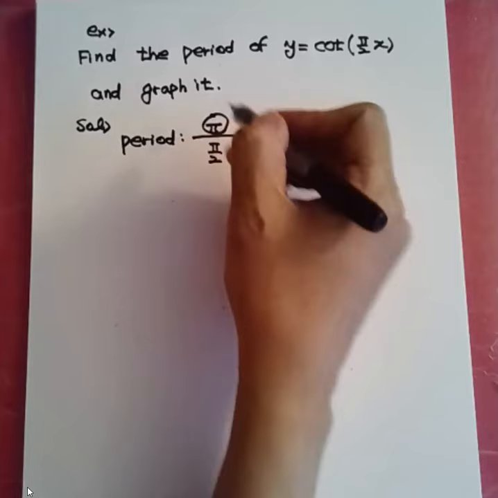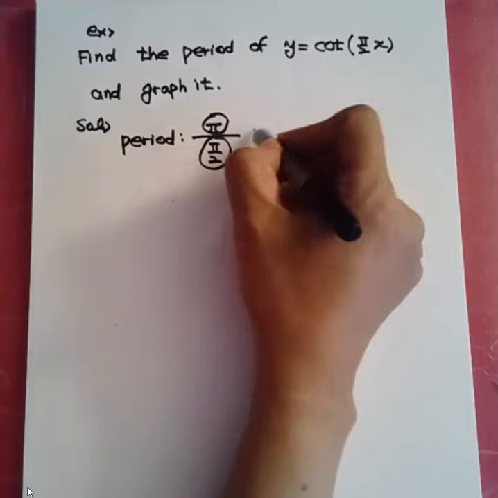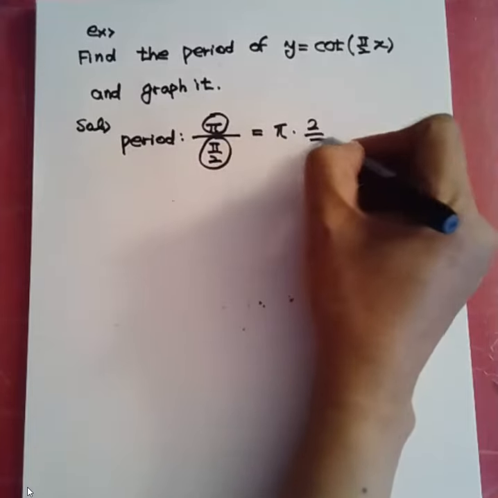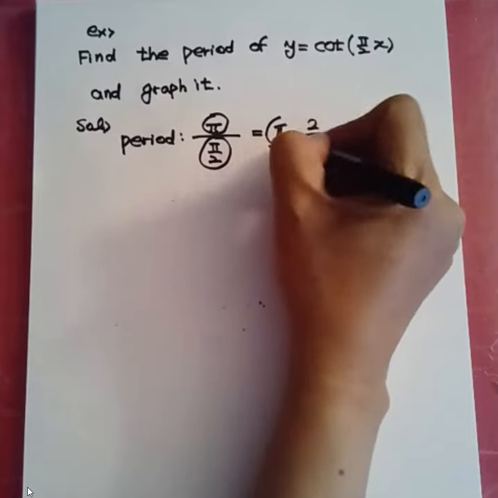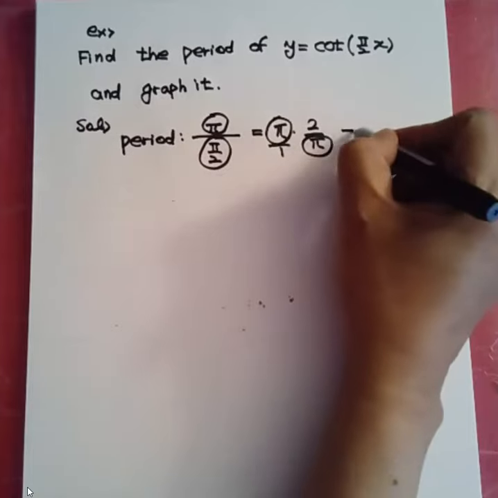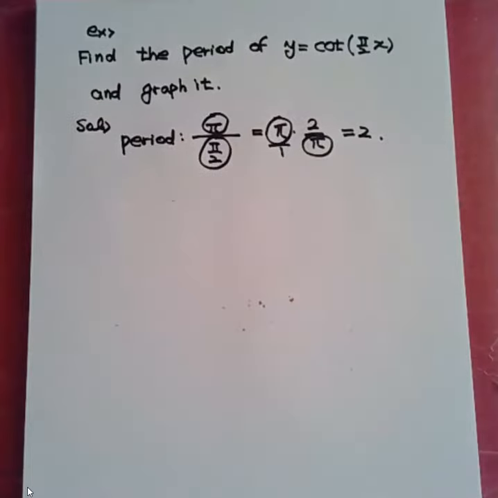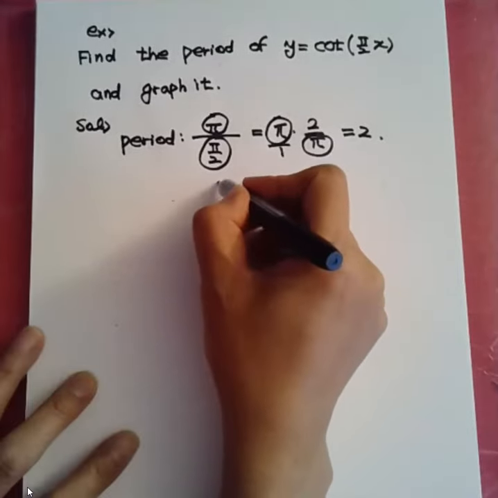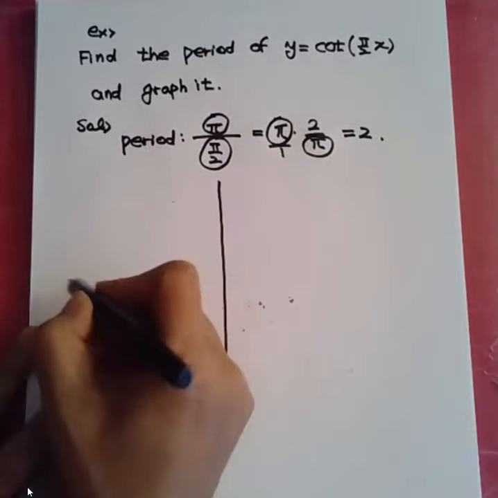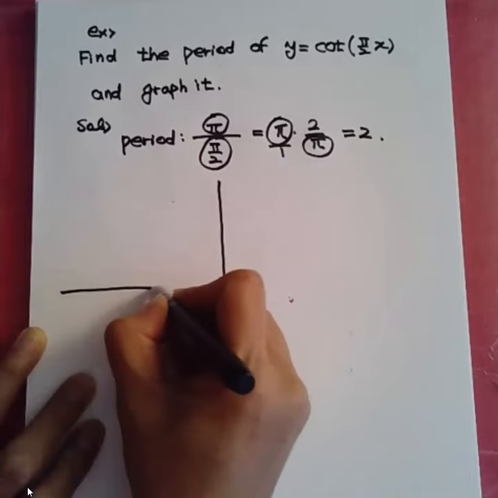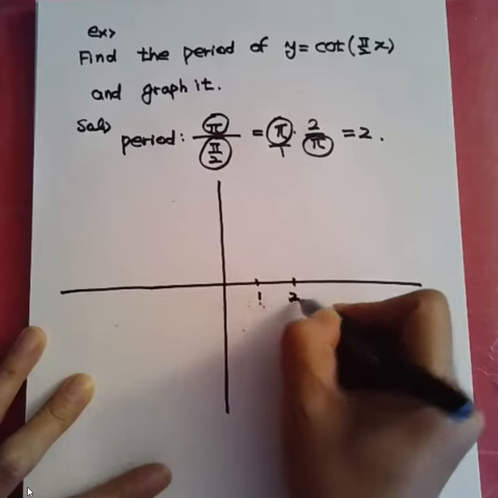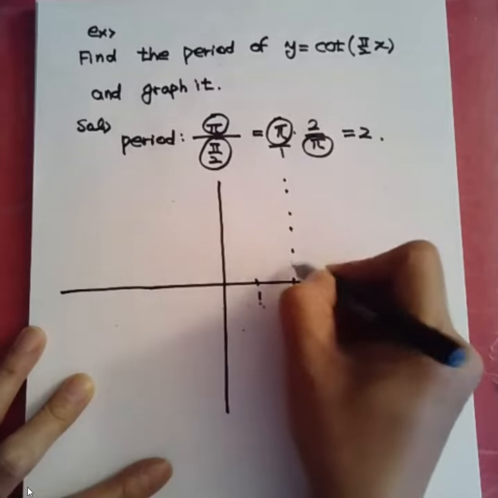This is the numerator. This is the denominator. So we can rewrite that as pi times 2 over pi. So these two will cancel each other to make 2. So the first vertical line will occur at 2, but half of the period will become 0.